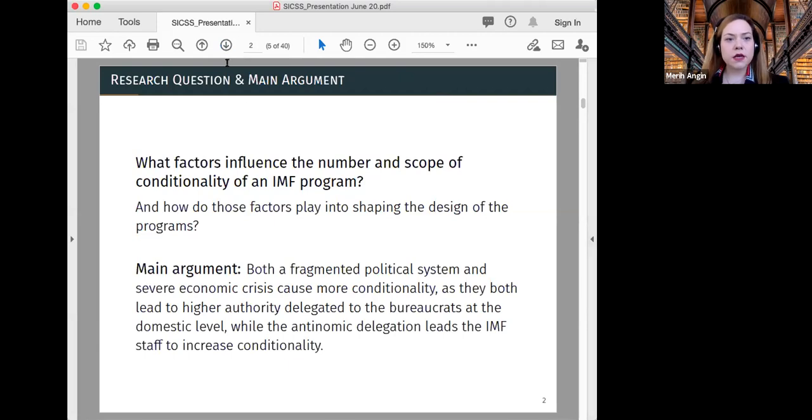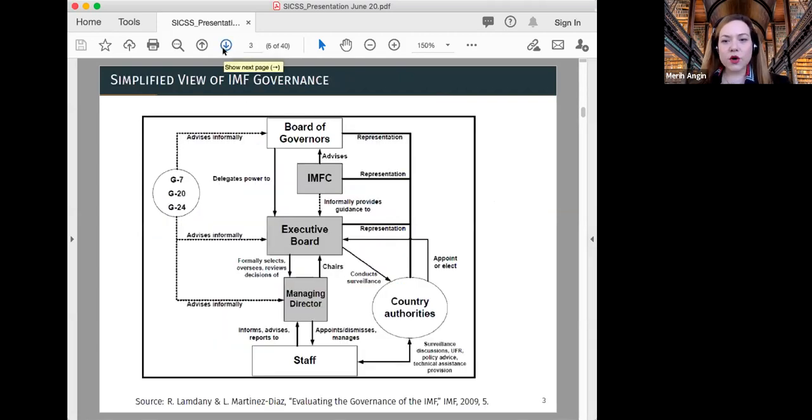So let's take a quick look at the simplified view of IMF governance, which doesn't really look too simple, I know. Although this decision-making flowchart demonstrates the mandates of each actor, it does not really capture the influence and importance of these actors. We do not have much information about the relation between the staff and the executive board, and the same applies to the relation between the staff and borrowing country authorities.